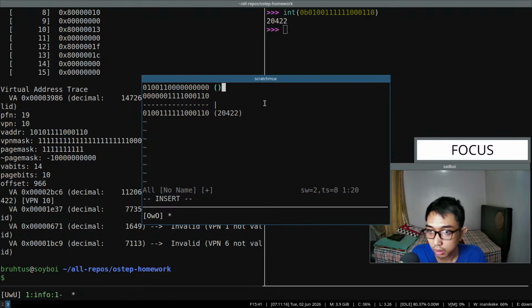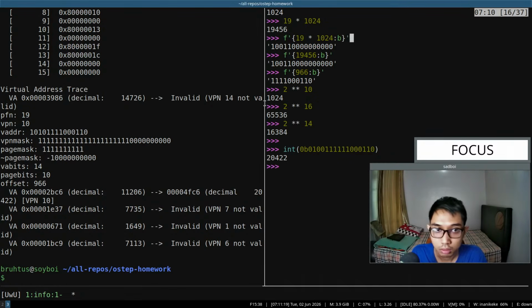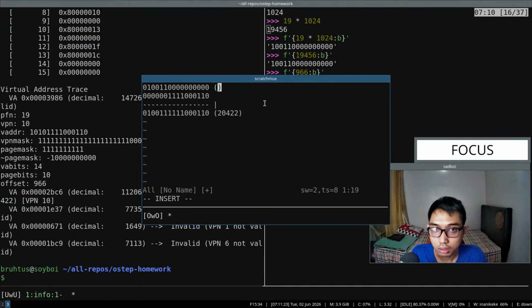This one is it again. And then okay. So this is the base address, and then what is it called? We add the offset, maybe something like that.